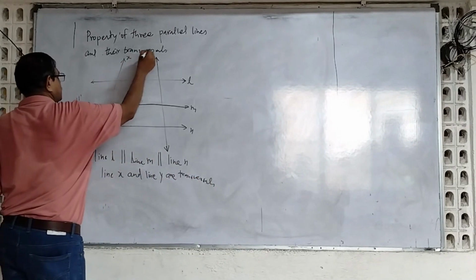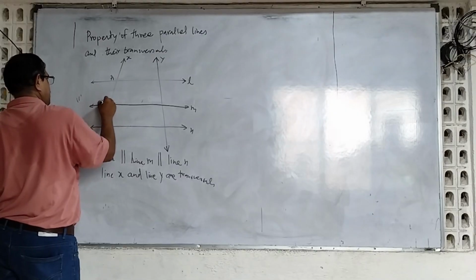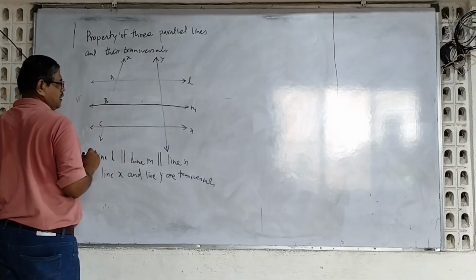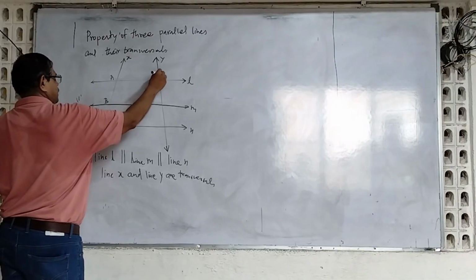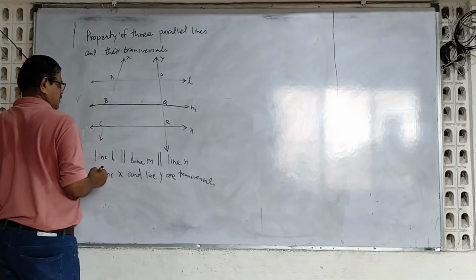This is X, this is Y. Line X intersects lines L, M, N at A, B, C respectively, and Y intersects at P, Q, R respectively.